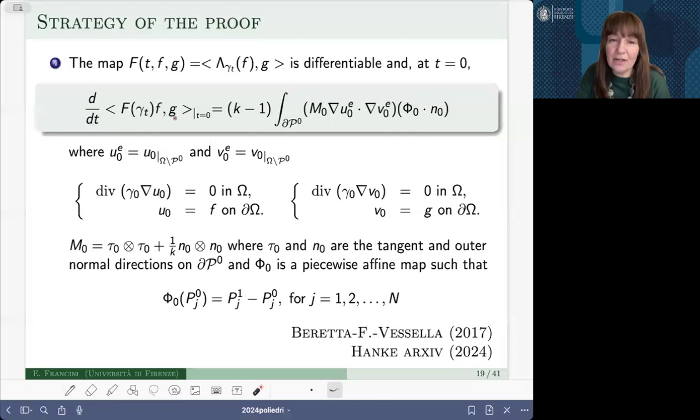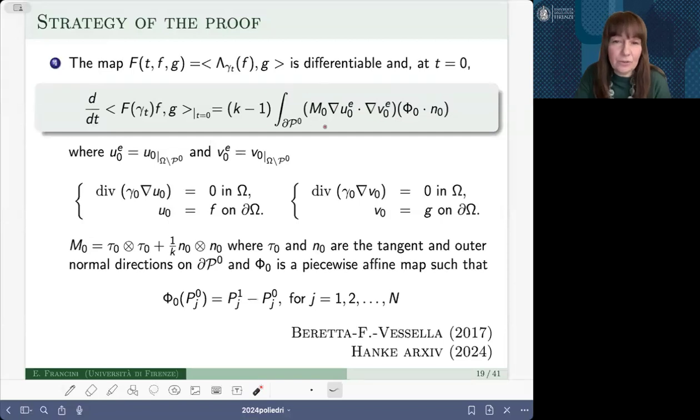So f and g are the functions on which we are testing our Dirichlet-Neumann map. We take function f as boundary data for solution U0. We take function g as boundary data for our function V0. And then we get these gradients. We multiply them. Actually, we don't really multiply them. We multiply them through a tensor that weights in different ways the tangent and the normal part of this gradient.